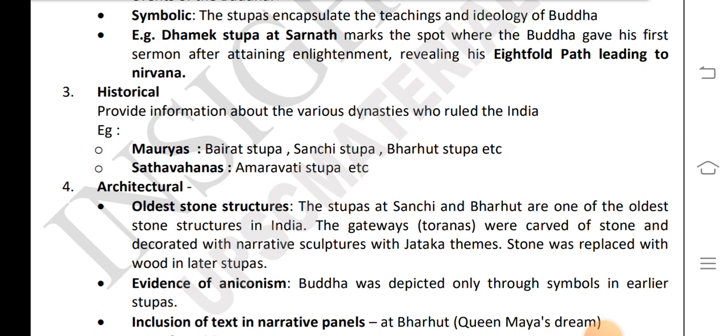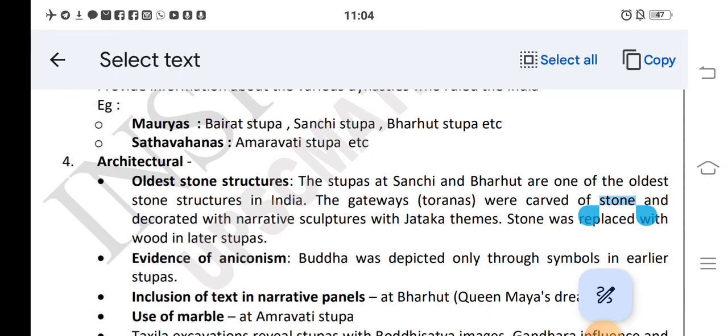Historical: stupas provide information about the various dynasties who ruled India. Mauryas: Bharat Stupa, Sanchi Stupa and Bharhut Stupa. Satavahanas: Amaravati Stupa. Architecture: old stone sculptures.